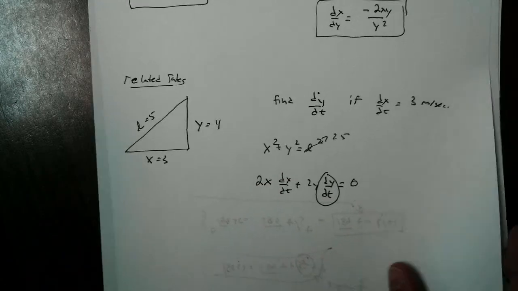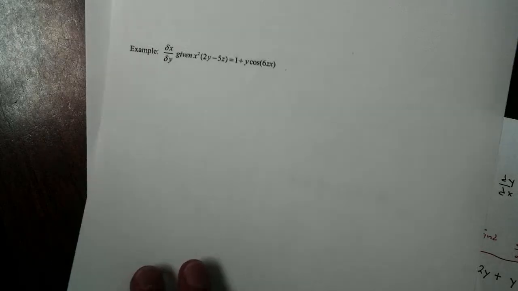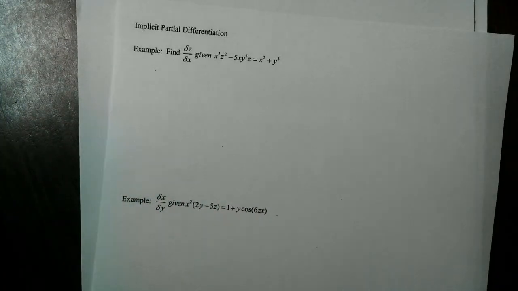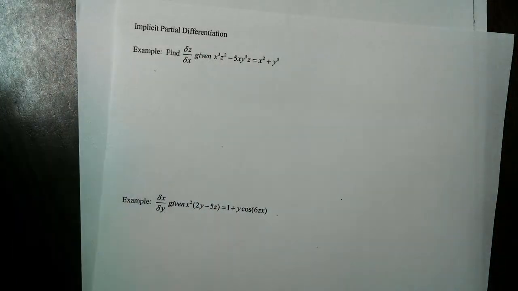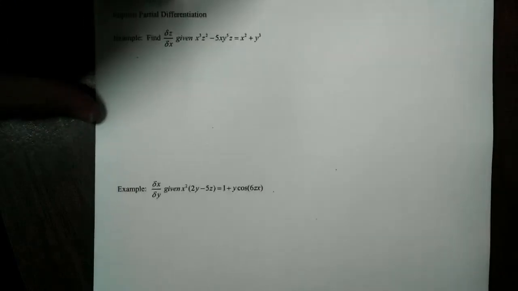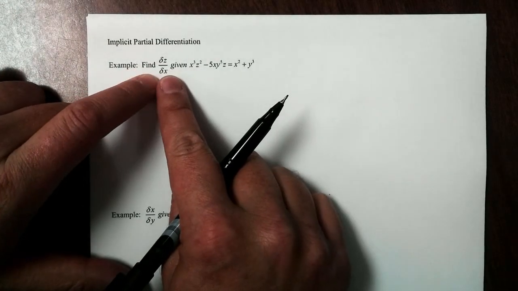So let's take a look at some examples in multiple variables. Except for using dx and dy, we're going to use our del d, del x, or our little d, little x. For example, right here for number 1, we want to find the partial of z with respect to x.